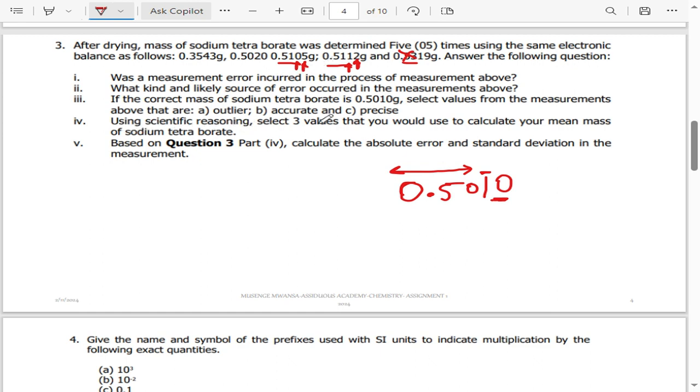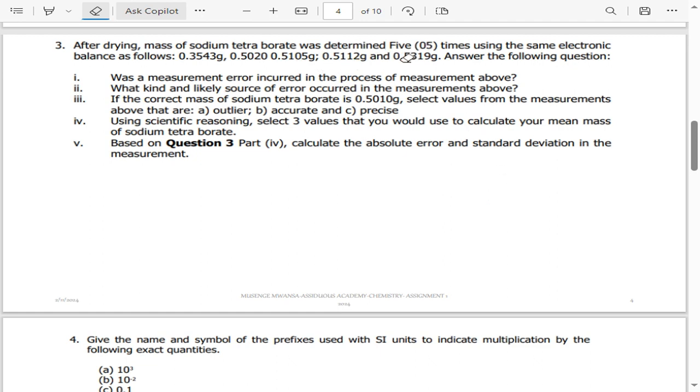Using scientific reasoning, select the 3 values that you would use to calculate your mean mass of sodium tetraborate. When you are finding the mean, you add numbers and then divide by how many they are. Since the true value is 0.51, the 3 numbers close to this one for us to find the mean are 0.5, 0.5105, 0.512, and what else would make sense here?